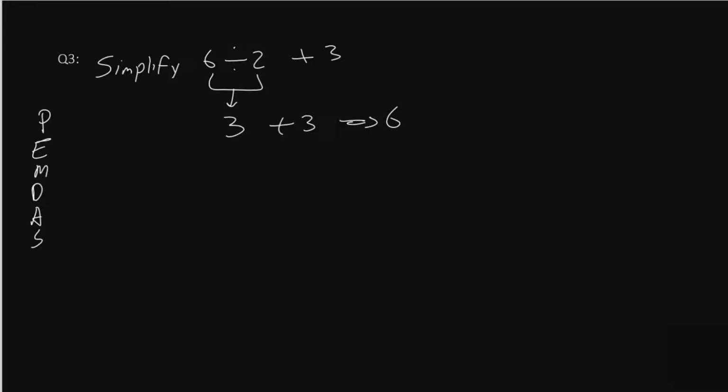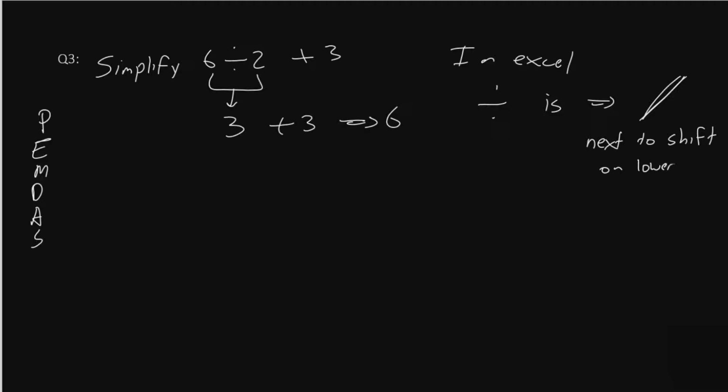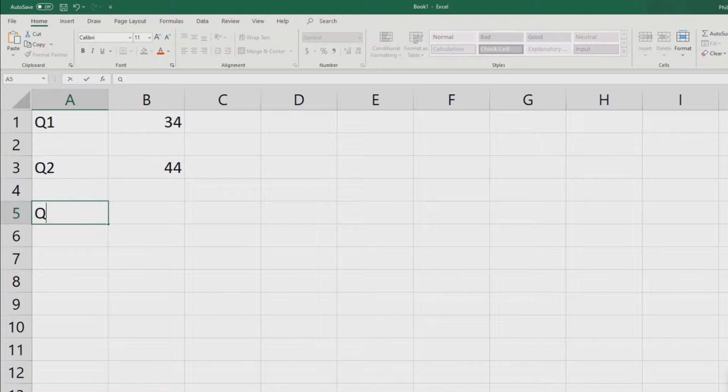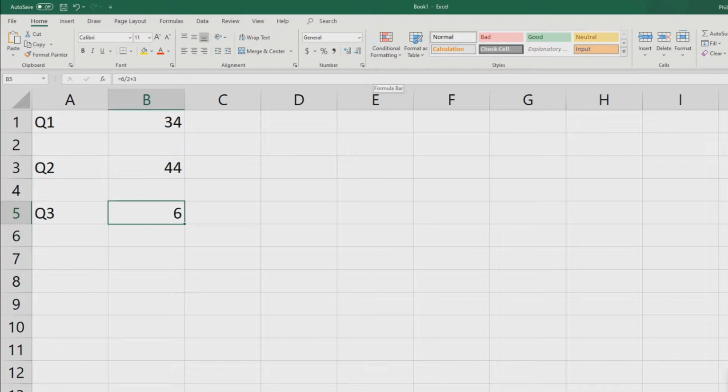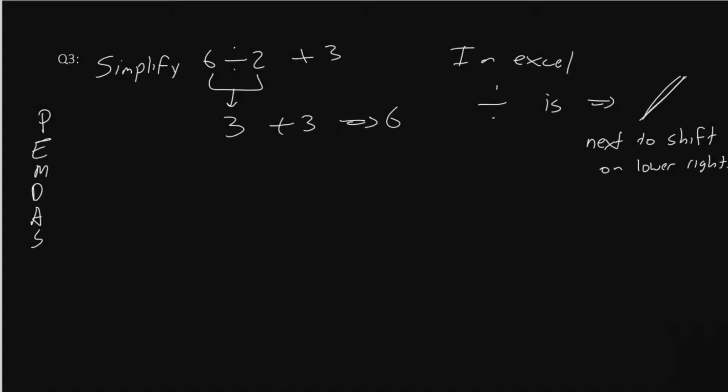So now, when we enter this into Excel, the division sign is going to be the slash. The slash is going to be next to your Shift key on the lower right side of your keyboard. So in Excel, we'll say in column A, enter a label saying question 3 equals 6 divided by 2 plus 3. That gives us 6, and that is a match for what we have here, 6.